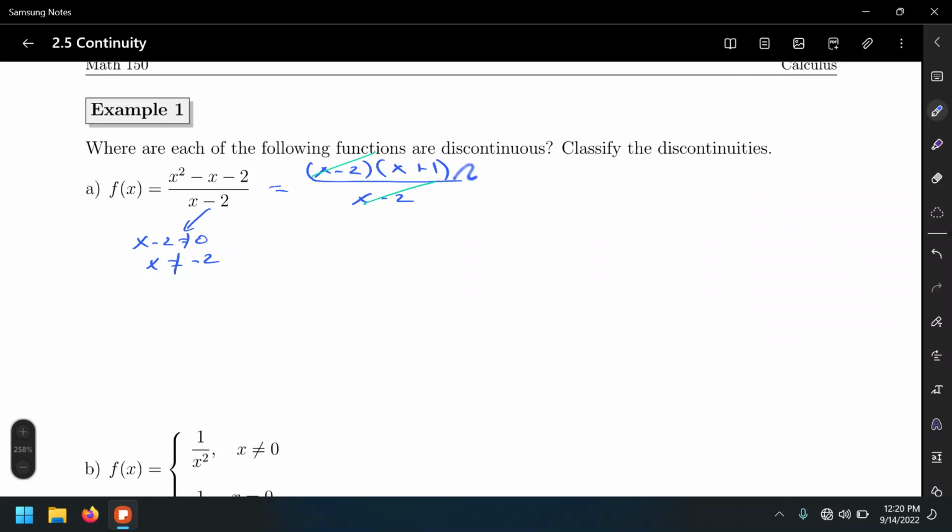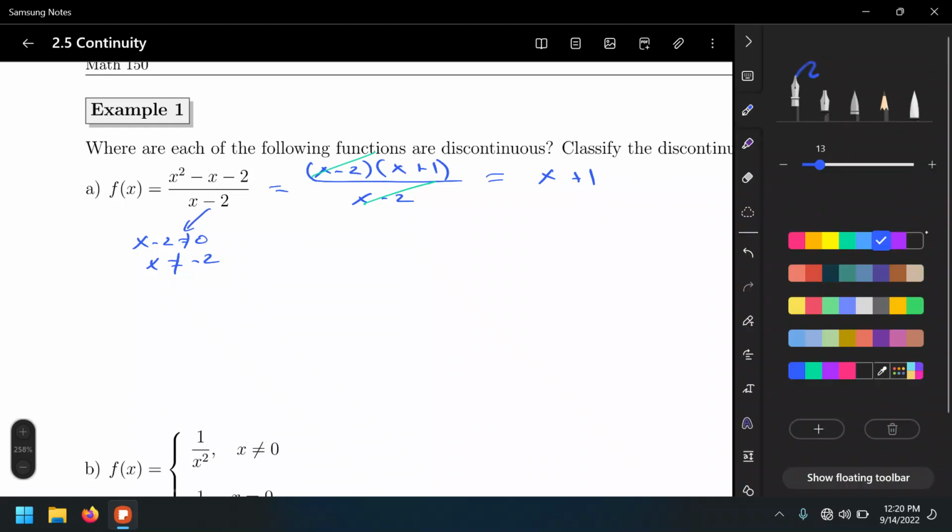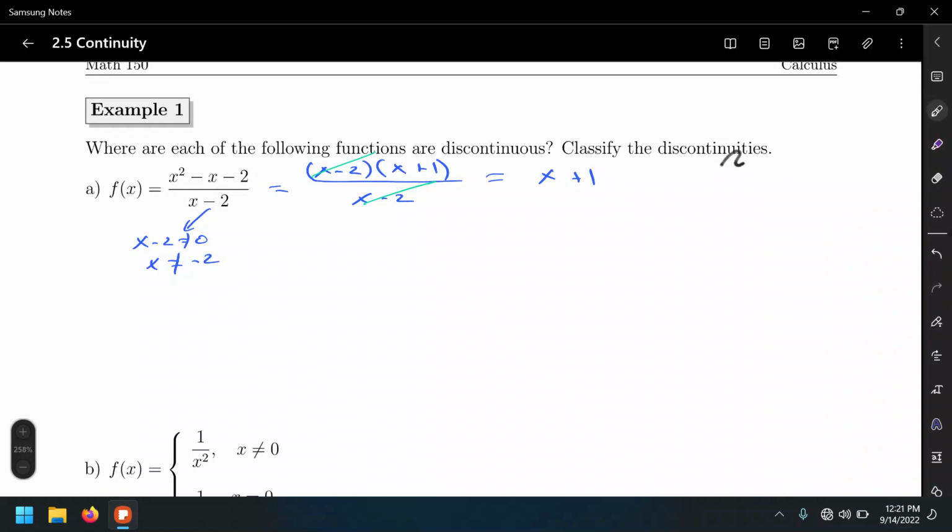And simply x plus 1. So we would get the graph of the linear function y equals x plus 1. However, with some damage here.